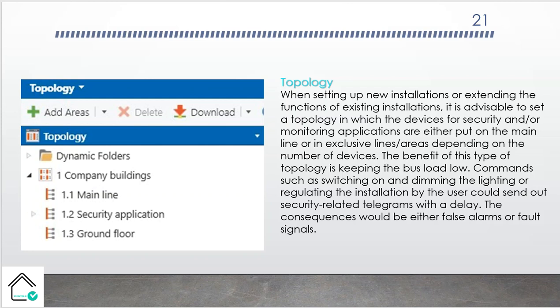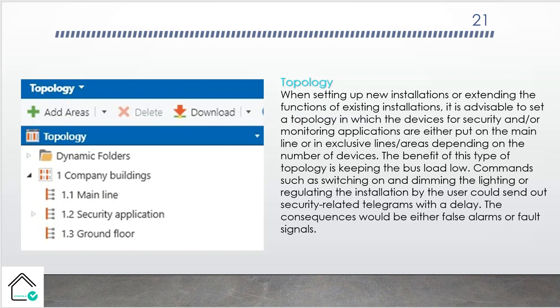Then about the topology: when setting up a new installation or extending the functions of existing installations, it is advisable to set a topology in which the devices for security and monitoring applications are either put on the main line or in exclusive line areas depending on the number of devices. So remember that when you want to use, for example, motion sensor or person sensor also for triggering the intruder alarm systems, it is better to have it in another line, with a separate coupler or IP router.